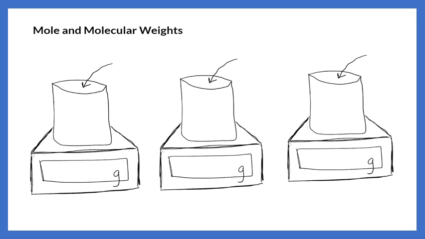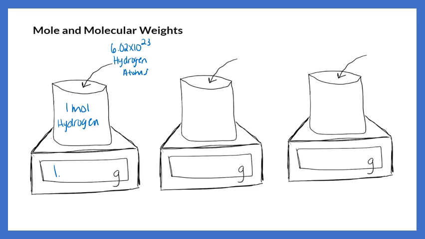So now that we've realized this mole number is really important because it takes us from atomic mass units into grams, we can almost weigh anything we want. So let's say I was to put 6.02 times 10 to the 23rd hydrogen atoms, which is 1 mole of hydrogen.